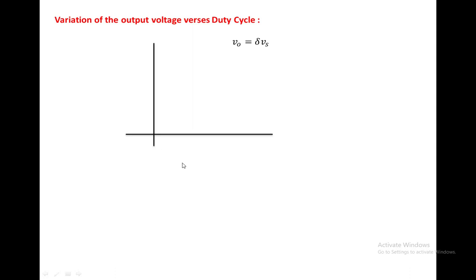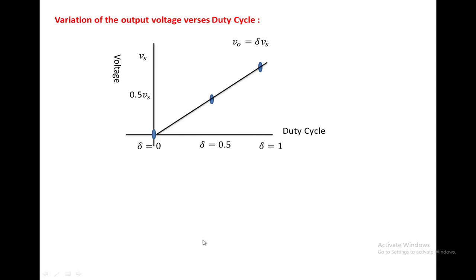So on the x-axis we will take delta equal to 0, delta equal to 0.5 and delta equal to 1. This is the maximum value of the duty cycle. Take these three values of delta and find the corresponding output voltage. We are getting 0, 0.5 Vs, Vs. If we join the 3 points, that gives the linear graph.